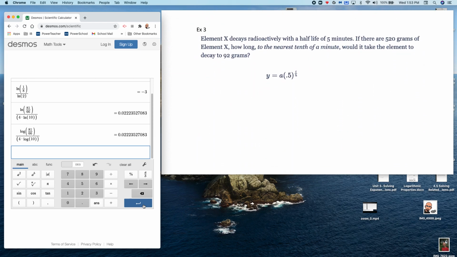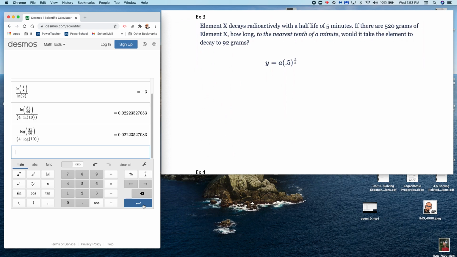Now, let's say I have this problem. An element decays radioactively. The half-life is 5 minutes. There are 520 grams of element X. How long, to the nearest tenth of a minute, would it take the element to decay to 92 grams? So in this problem, half-life is 5 minutes.